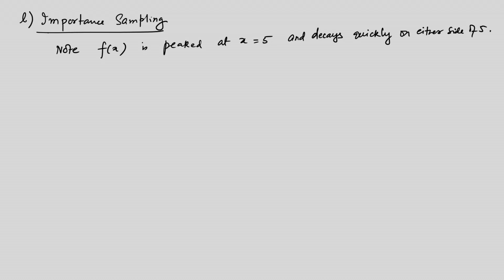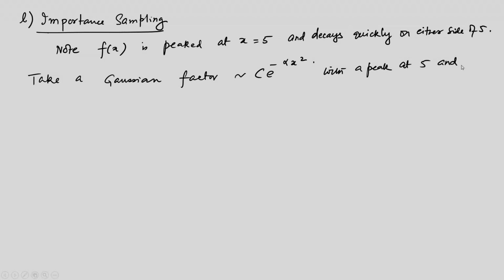So, what we can do is take a Gaussian factor, which is like exponential of minus some alpha x squared, with a peak at 5 and minimal variance, and the variance can be equal to say 1.